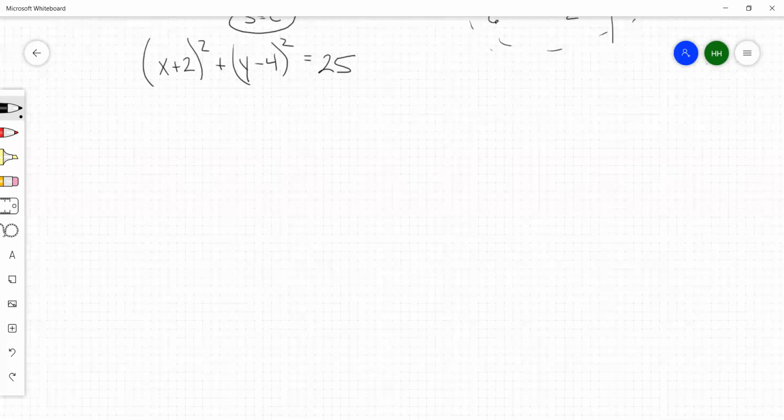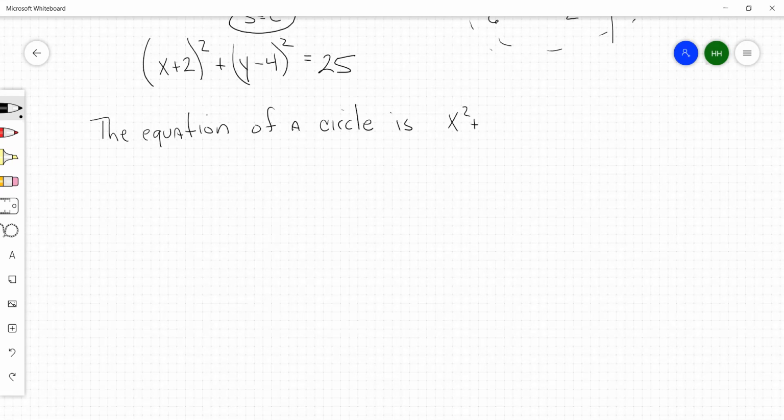Let's say you're given the equation of a circle: x squared plus y squared minus 8x plus 2y equals negative 8. State the coordinates of the center and the measure of the radius.